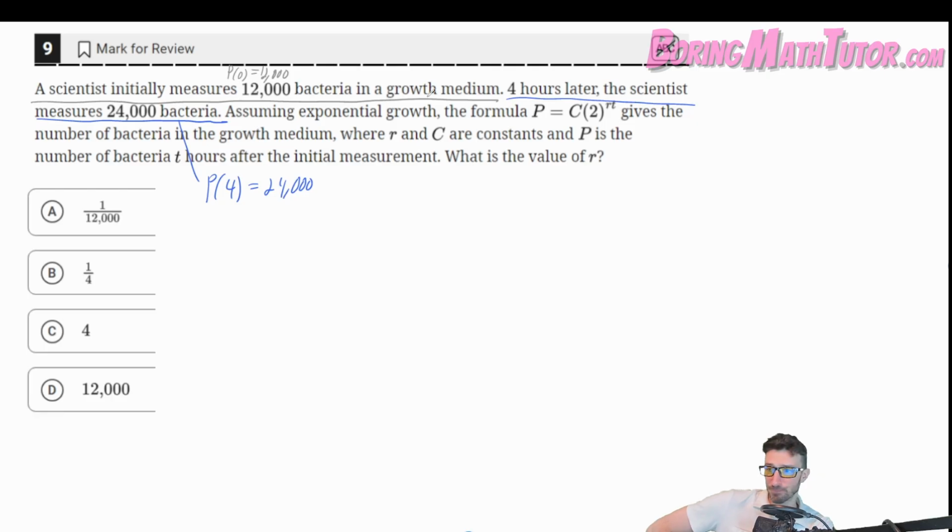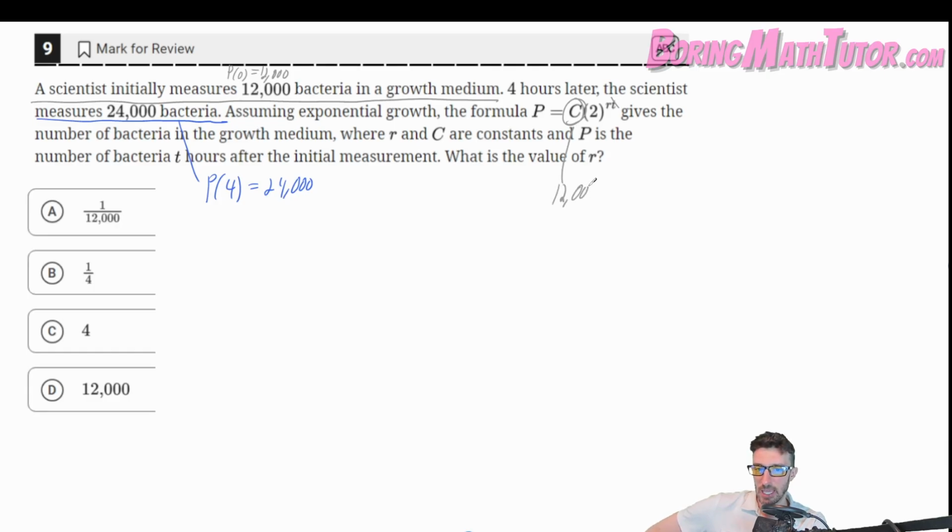Now, P of 0 equals 12,000 is actually going to get you this C right there. Because if I were to plug in the 0 here for the T, then you would find out that you're just going to be able to use 12,000 right there.